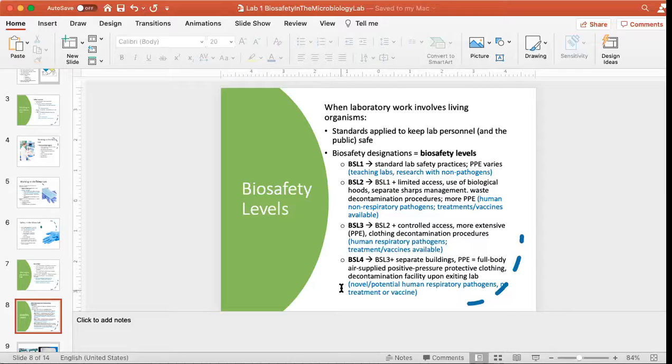So right now, any laboratory that is studying the pandemic SARS-CoV-2 virus, the virus that causes COVID-19, any laboratory that's handling that virus in our country or around the world is a BSL-4 laboratory. And they follow very strict protocols to protect the personnel in the lab, number one, and to protect the general public.